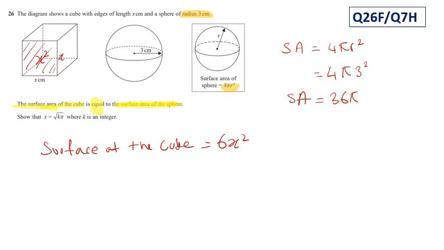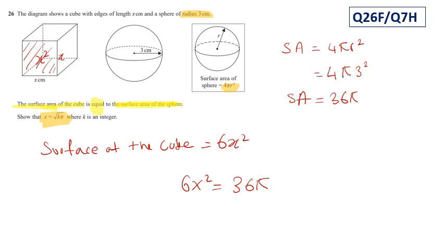So I can say that 6x squared equals 36 pi, and now I can isolate for x, as I want to show that x equals root something pi here. That wasn't a very good color to choose, so I'll use orange instead here.